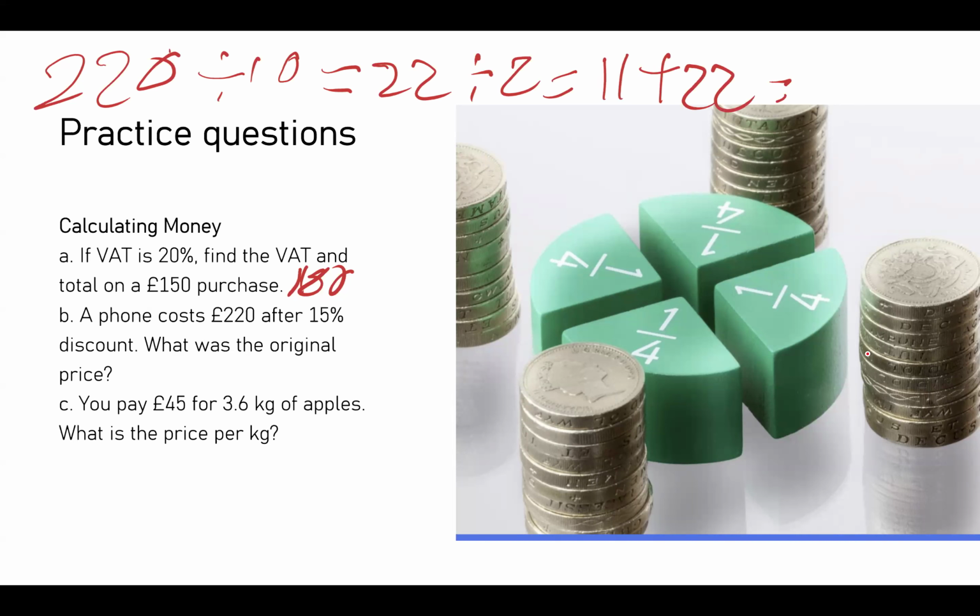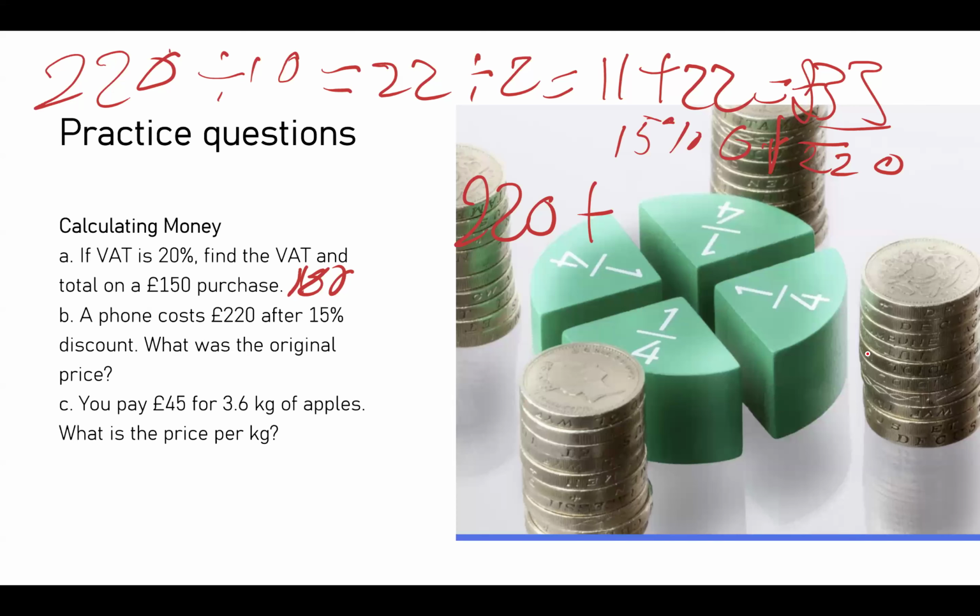So 11 plus 22 equals 33. 33 pounds is 15% of 220. But we know that we need to increase 220 by 15%. So 220 plus 33. So it originally was 253. That was the original price, and after discount, it became £220.